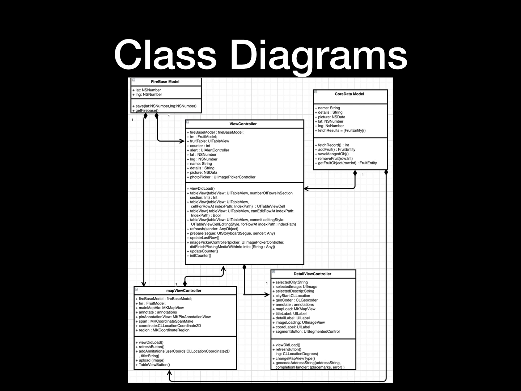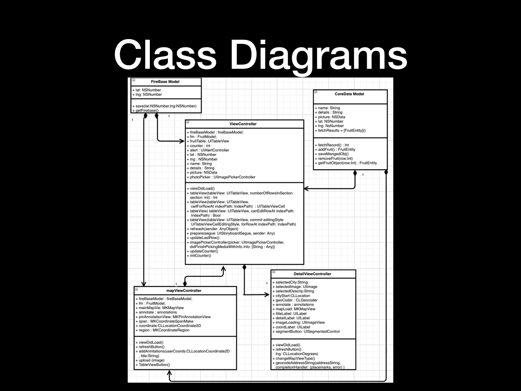For the table view rows, there will be a refresh button, which is automatically done after something has been added to the table view. It will automatically show in one of the rows. There is a prepare, which segues into the detail view controller.